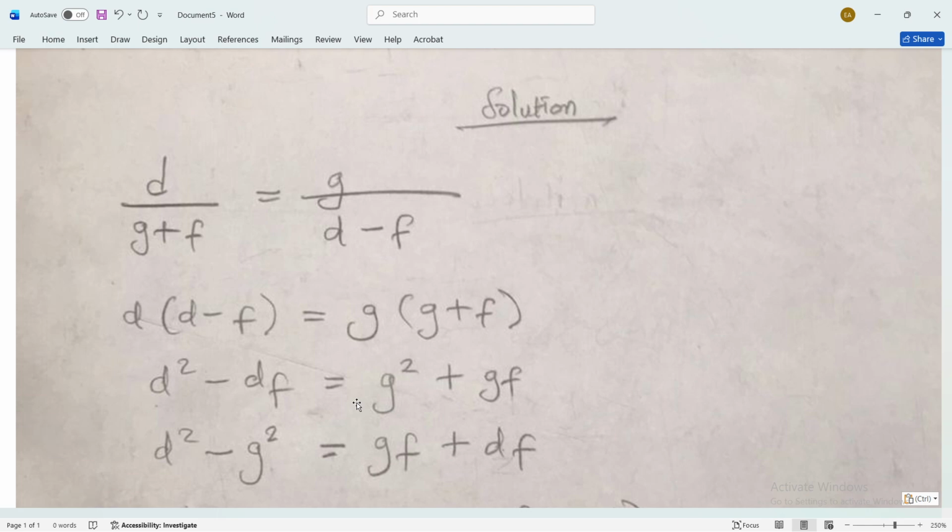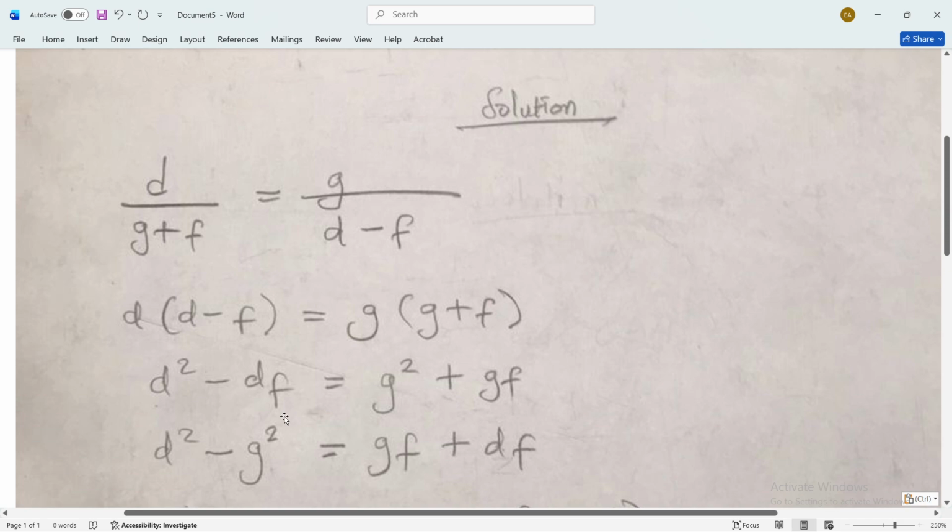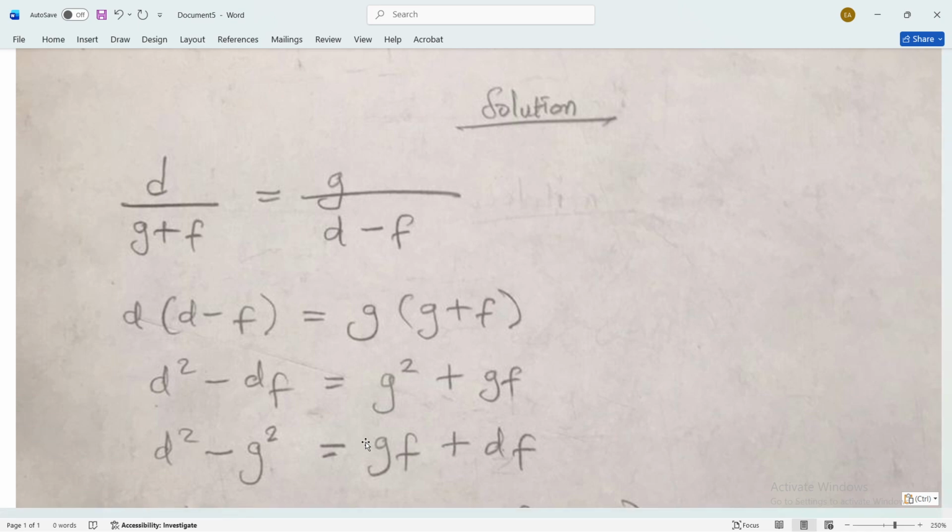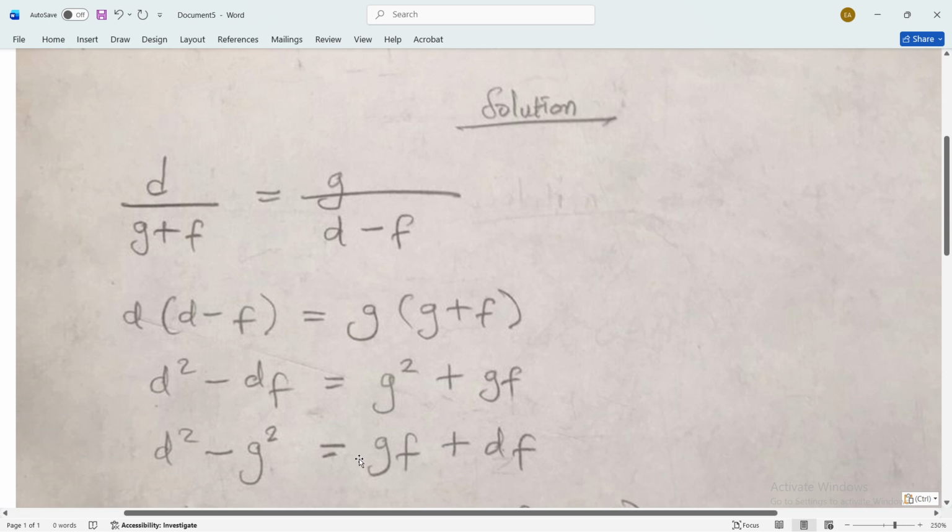And plus df, because df initially was a negative number, negative df, and it crossed the equal to sign to become a positive number, because when it crosses the equal to sign, it changes its form. That's how come we have positive df, right?